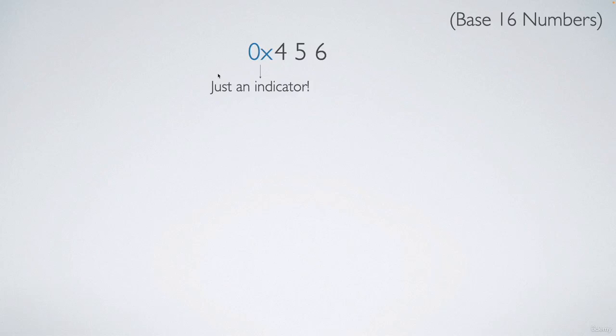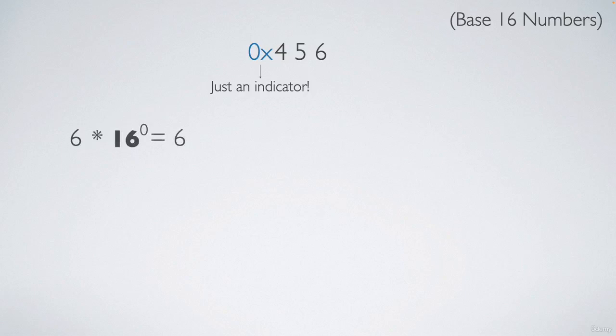All right, so let's now see what this number really is. 0x456 in hexadecimal. What does it mean in decimal, in the numeric system that we all use? So again, we have to go back to that concept that we talked about. We have to take each character and then multiply it by now 16 to the power of its index, because it's a base 16 number. Hexadecimal is a base 16 numeric system. So we're going to take 6 and multiply it by 16 to the power of 0.